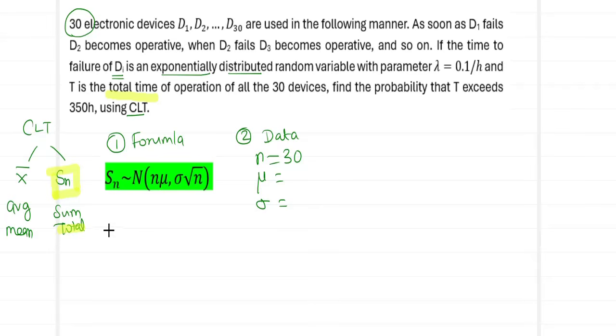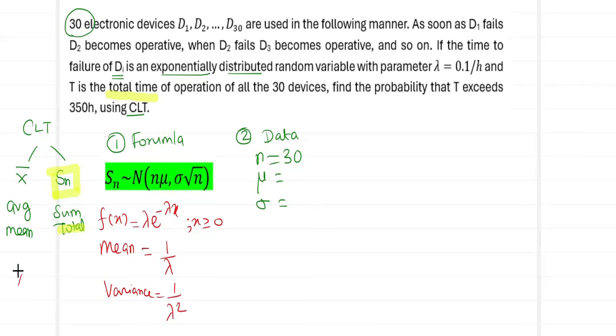Now, recollect that f of x is equal to lambda e power minus lambda x for x greater than or equal to 0 for the exponential distribution, which has a mean given by 1 by lambda and variance given by 1 by lambda square. And what is lambda?